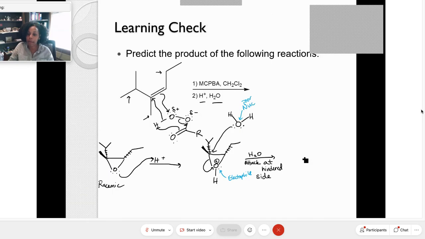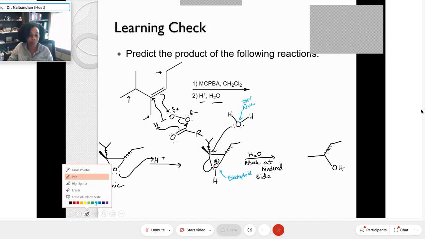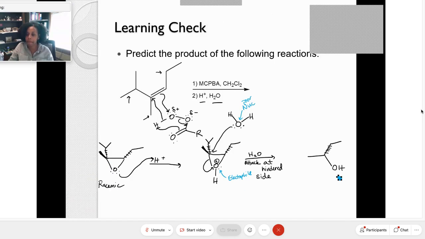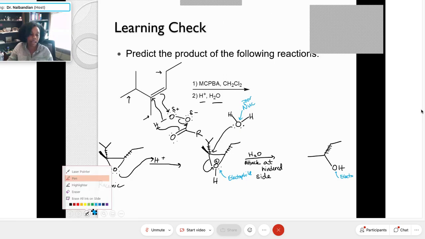So what's going to happen here? Well, nothing changes here, right? That's still a dash, that ethyl. And we're going to have our original electrophilic oxygen attached to that carbon. This was our original electrophile. But as we do this reaction, it's an SN2, so inversion of configuration.